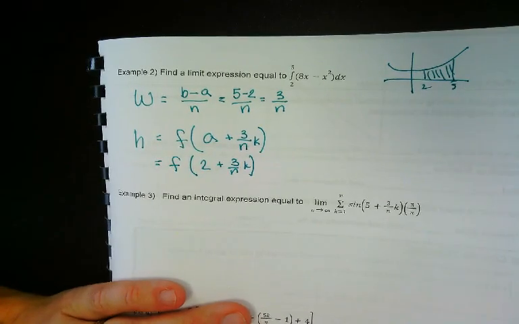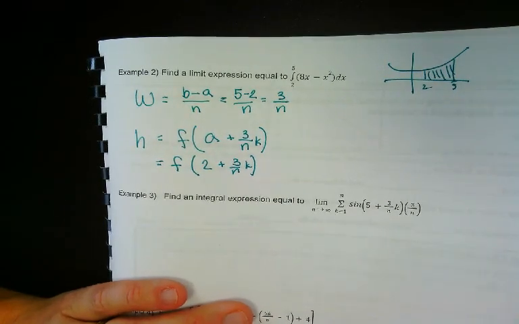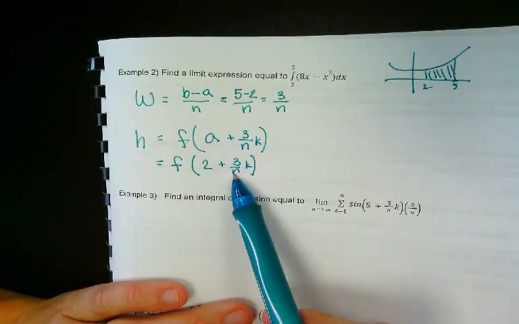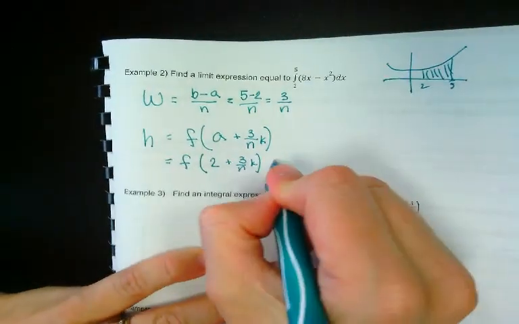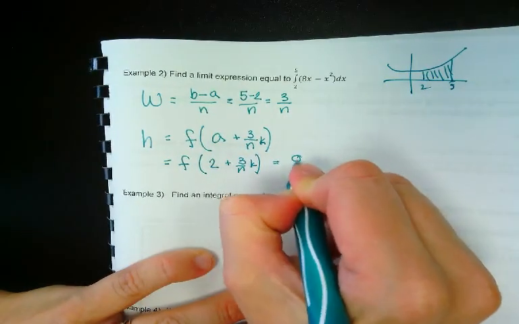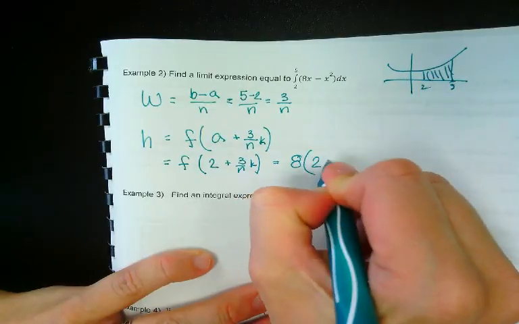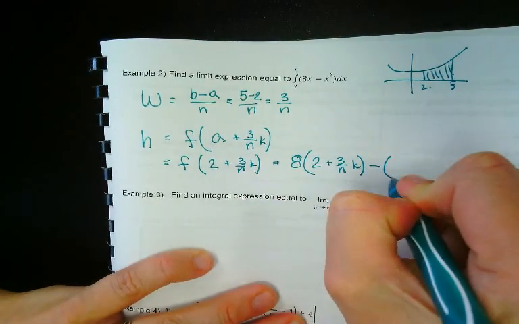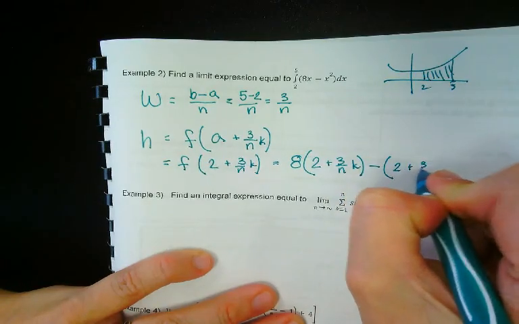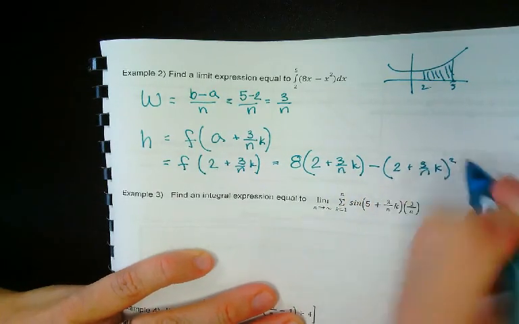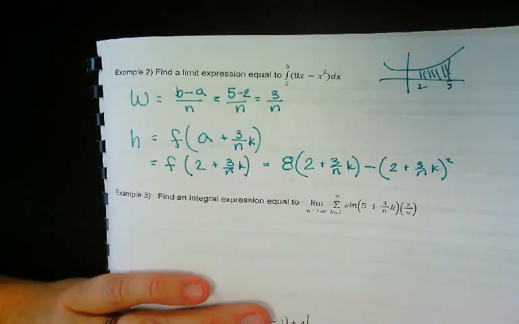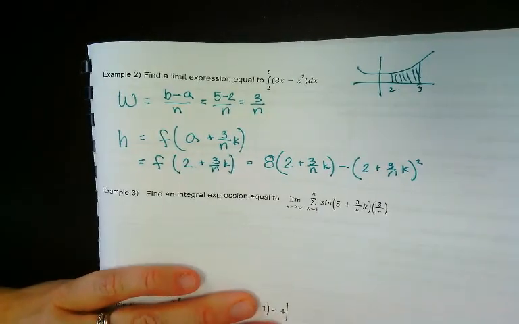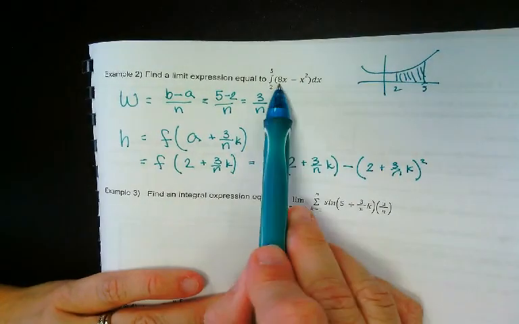Now I have to go one step further because f of means substitute this into the letter x. So this is equivalent to 8 times (2 plus 3 over n k) minus (2 plus 3 over n k) squared. I'm substituting this into all my x's.